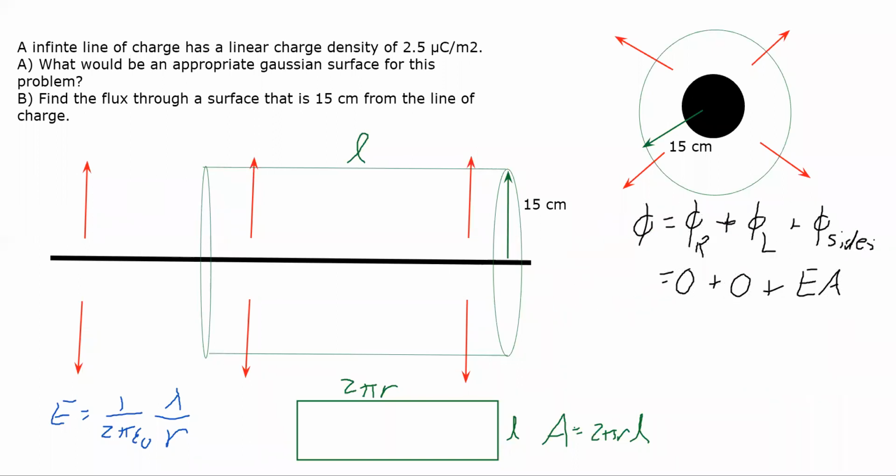Okay, so what's my flux then? Well, let's put those two things together. Electric field from my wire, 1 over 2 pi epsilon 0 lambda over r, times, or sorry, that's E. I just plugged in my E times A. A is 2 pi RL.